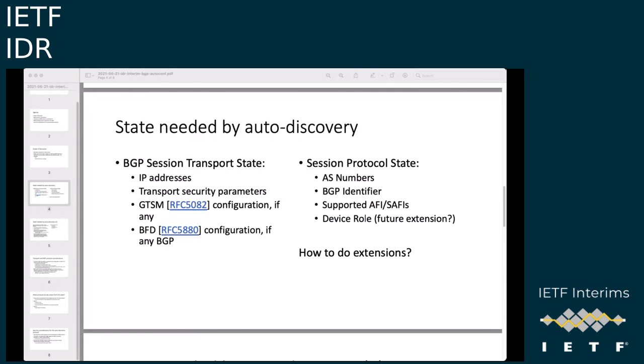Okay. Building on your point, Ketan, one of the discussion points we did have as part of this is when would some of this optional information be more appropriate for the discovery protocol versus the BGP session, as a capability, to give it as an example.